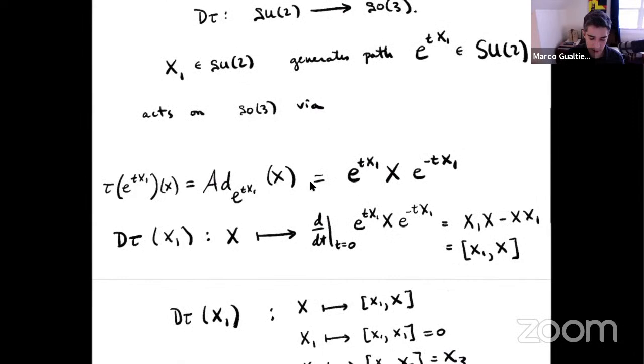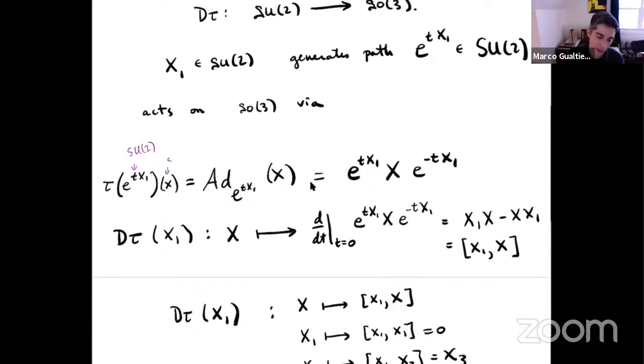Remember, this is an element of the SU2 group, and we're going to see how the adjoint action acts on a general element in the SU2 Lie algebra. This is how it acts by conjugation.